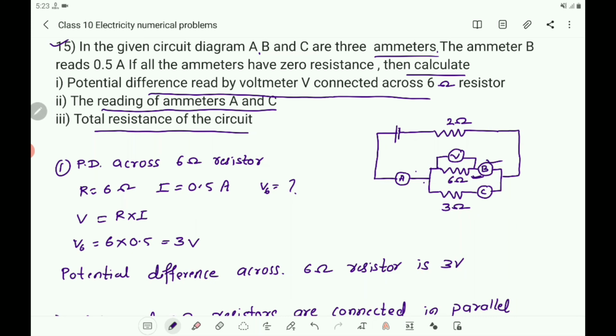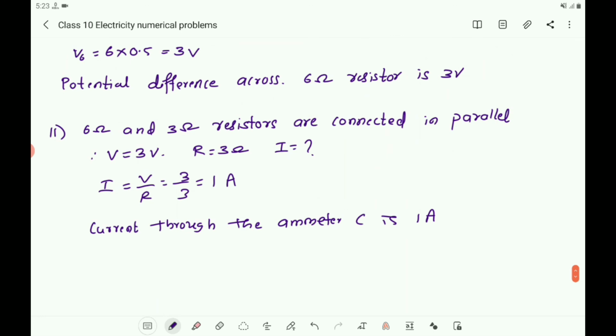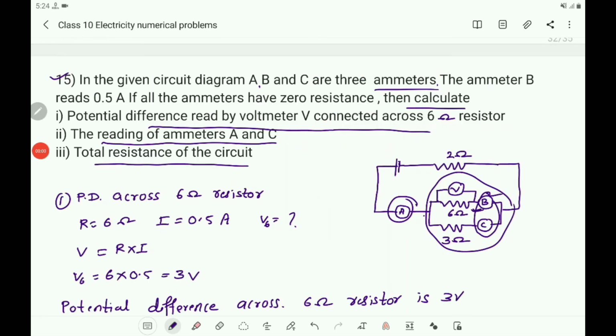As these two connections are in series, same current flows through this ammeter and with this combination through the ammeter B and C. So you can take here. It is given that the ammeter B shows the reading 0.5 ampere, and you got the current through the ammeter C, and total current in this parallel combination is equal to the sum of the current through B and through C.